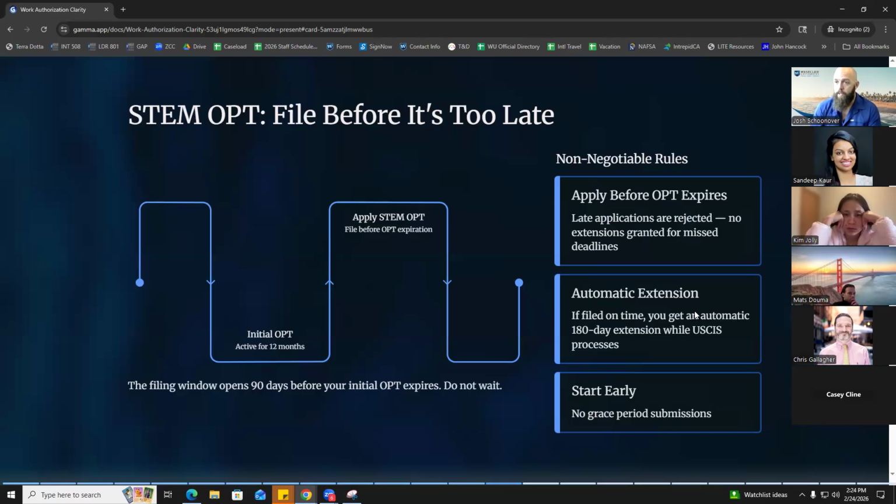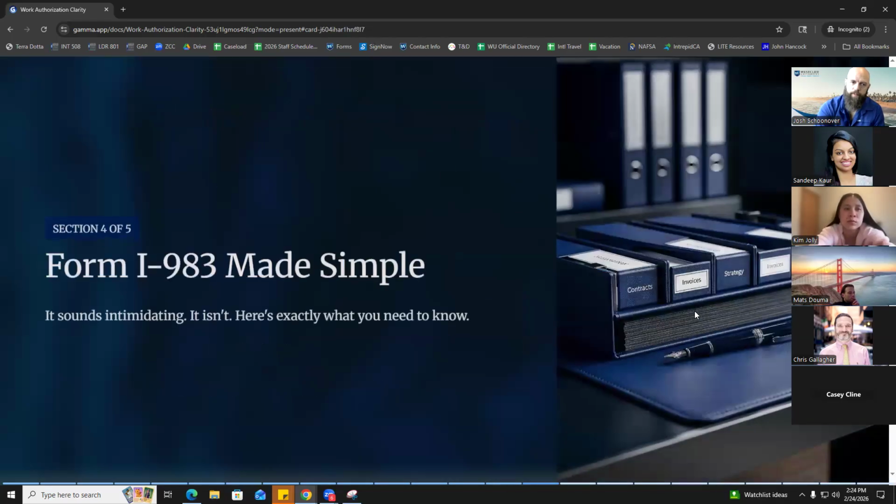And that gives the government plenty of time to process it, issue you an RFE if they're so inclined, process that, and then give you the EAD card. That's a nice benefit because at that point you do have an employer, you don't have to take a break. You can keep working while the STEM is being processed.